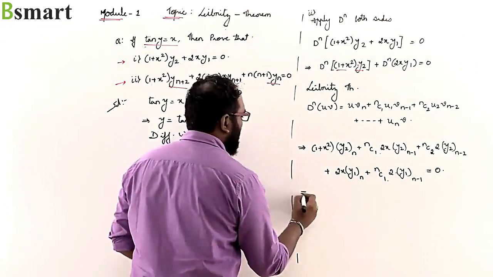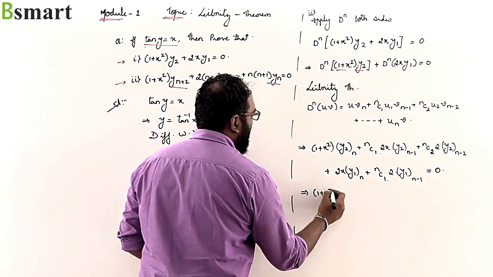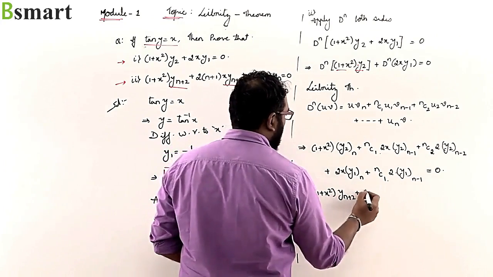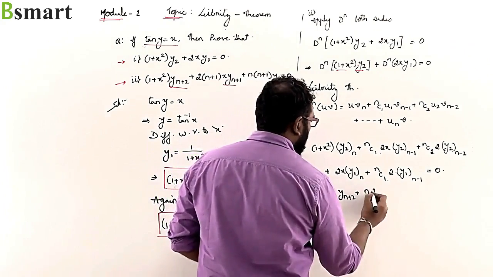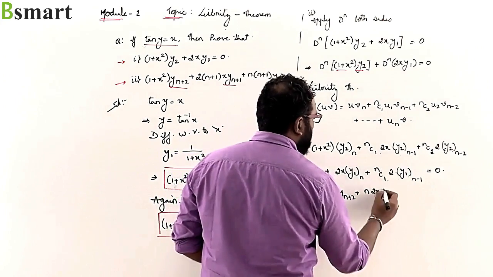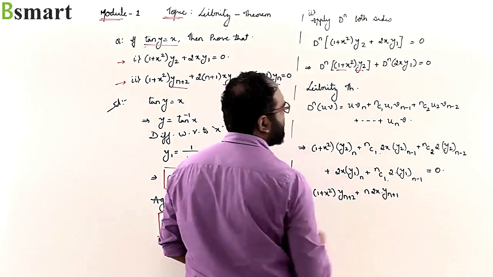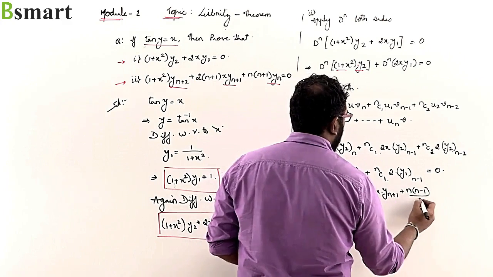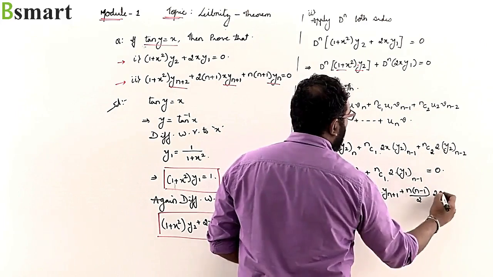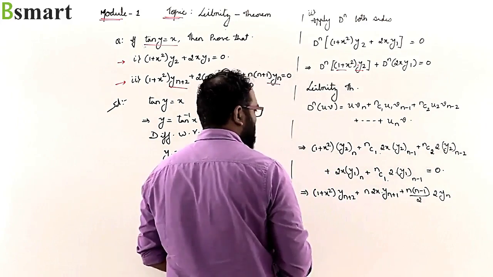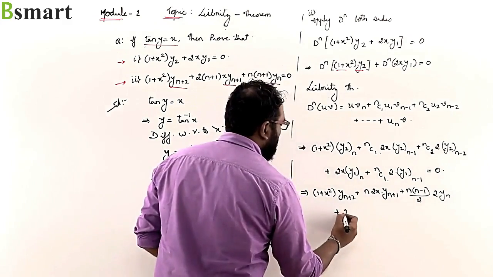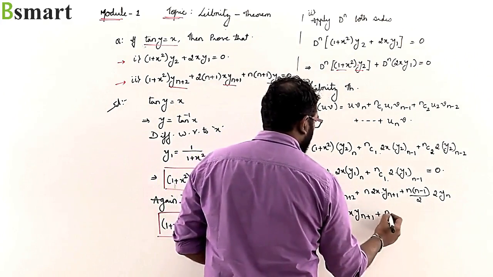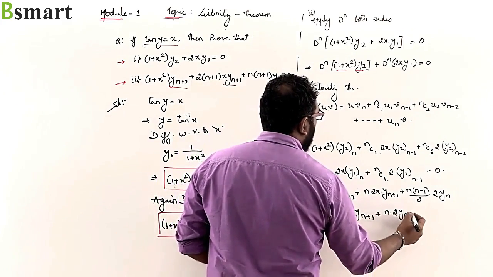So then that will be (1 + x²) into y₂ of nth derivative, which is yₙ₊₂, plus nC1, that is n, into 2x into y₂ of (n−1)th, which will be yₙ₊₁, and nC2, that is n(n−1)/2, into 2 into y₂ of (n−2), that is yₙ, plus 2x into y₁ of n, which is yₙ₊₁, plus nC1, that is n, into 2yₙ, equals 0.